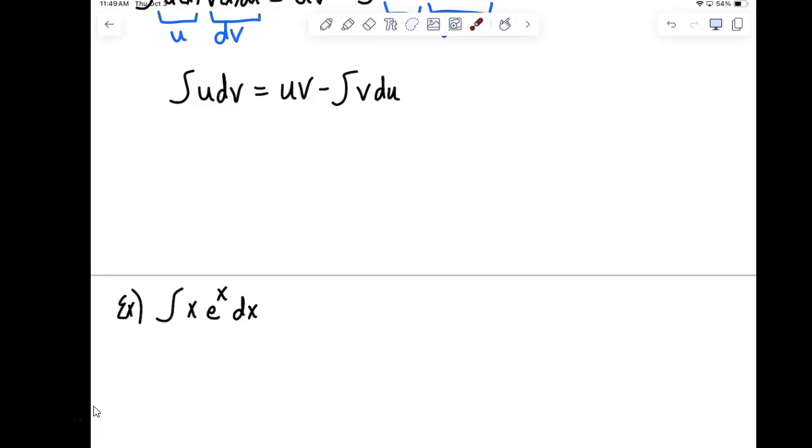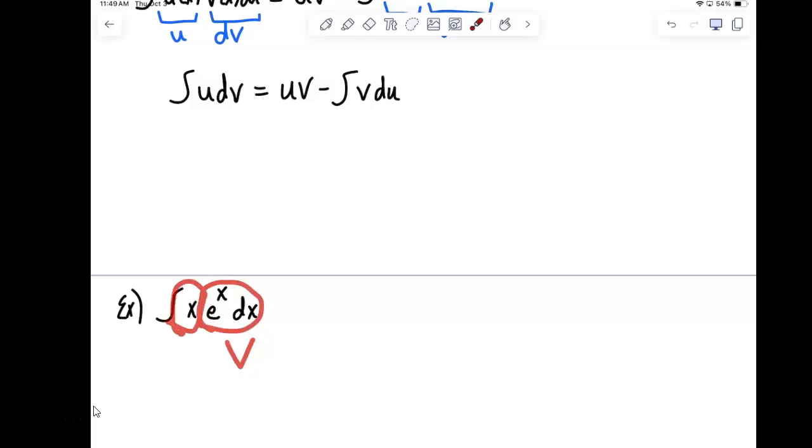The idea here is whatever parts of the expression inside the integral that we let be dv, we want that to be something that's easy to integrate. That's one criterion we want, because if it's a lot of work to integrate, then maybe that's not such a good idea. We also like u to be something that's easy to differentiate, because once we've done this, we integrate this to get our v.